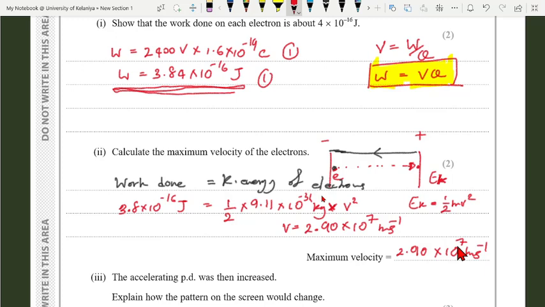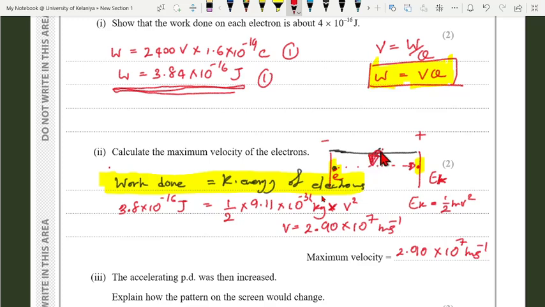So what you need to understand from here is the work done on electrons is equal to the kinetic energy of the electrons at this point. Work done by this field means the energy is given from this field to the electron.